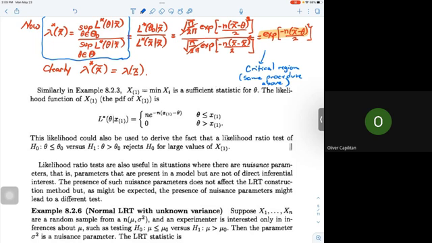Pero pag hindi natin alam yung distribution ng ating sufficient statistic, mahihirapan tayo na maghanap ng ating likelihood ratio test statistic. So mas mabuti pang gamitin yung remark where we determine the maximum likelihood estimate of our parameter over the null parameter space and over the entire parameter space yung sa denominator.